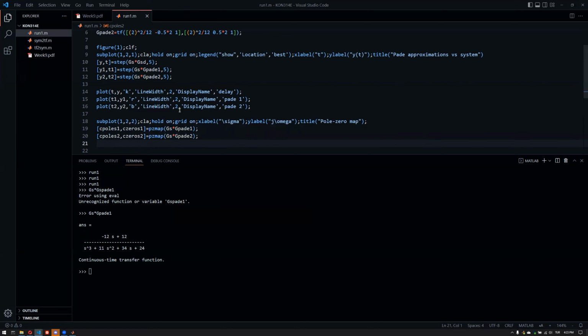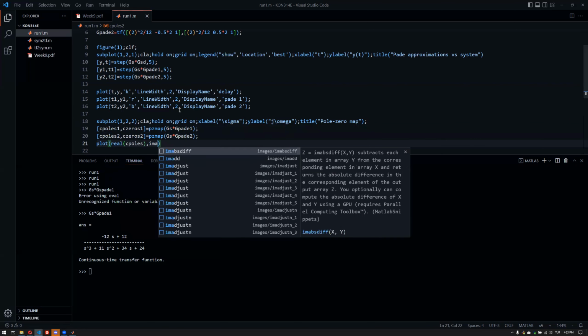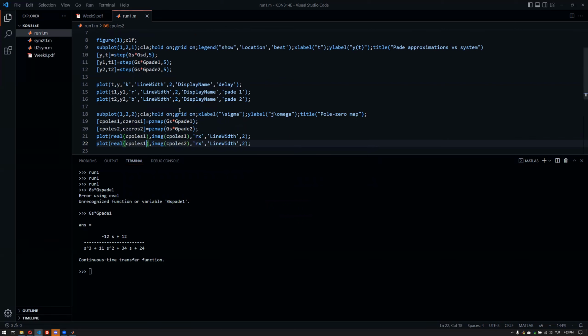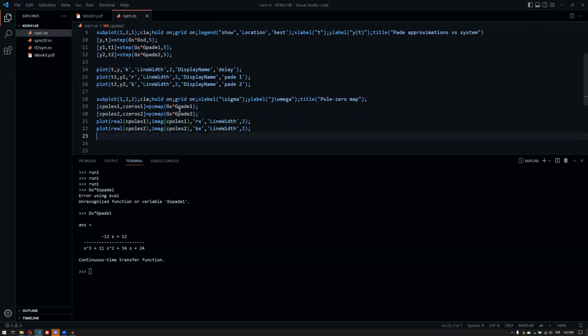And there we go. Now I'm going to plot real values of poles, imaginary values of poles, since it's the first one here, red, and line width 2. Should be 1. This should be blue.